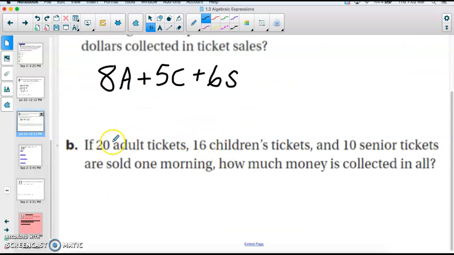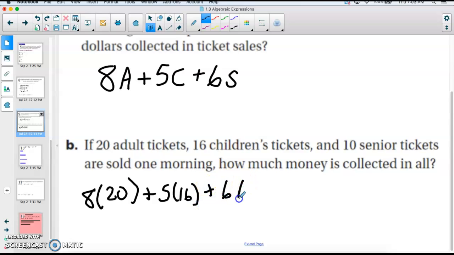Okay, if 20 adult tickets, 16 children's tickets, and 10 senior tickets were sold in one morning, how much money would be collected? Well, we would just plug in the numbers. So 8 times 20, because there were 20 adults, plus 5 times 16, plus 6 times 10.